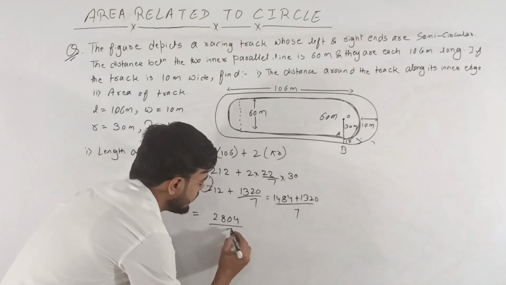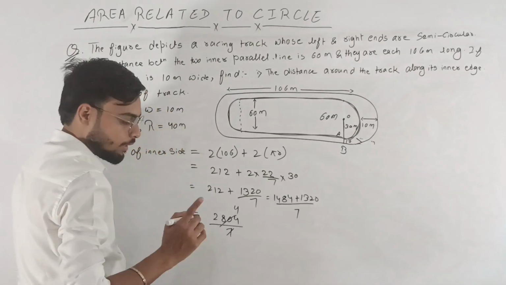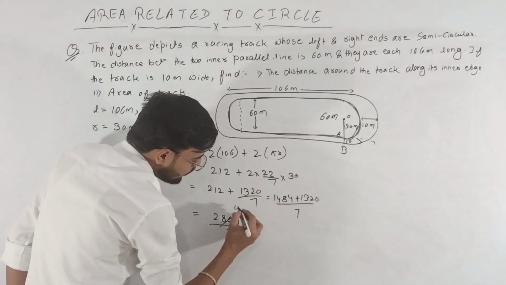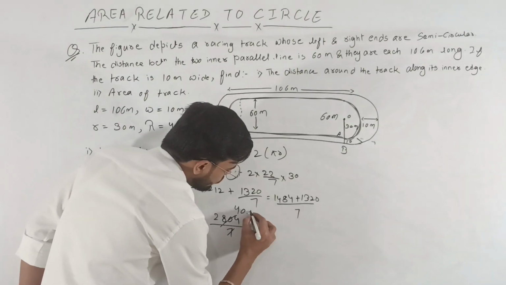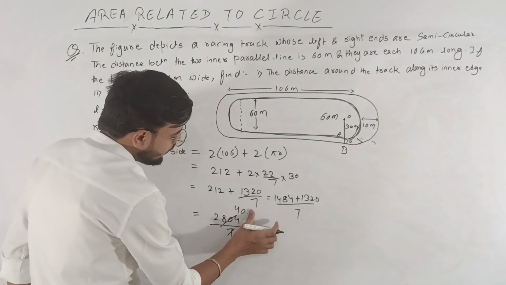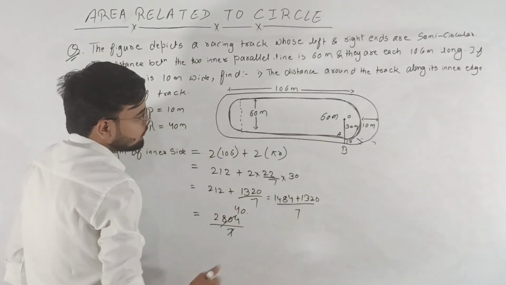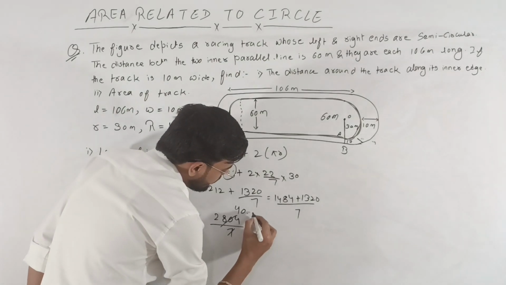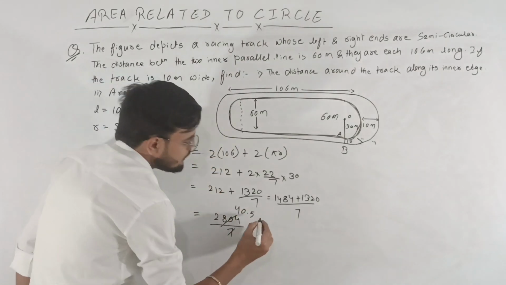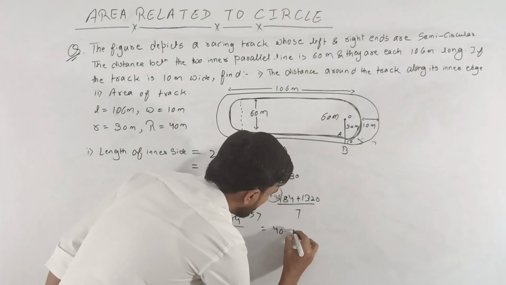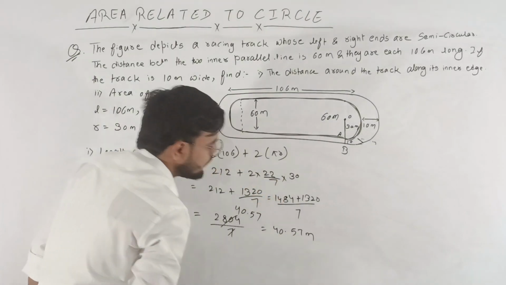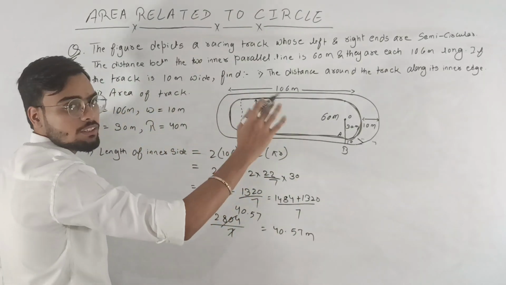Now we divide: 7 4s are 28, then 0, so 0 and 4. So point 40. Then 7 5s are 35, then 5 and 0, 7 7s are 49. So something like 40.57 meter. This is the length from the inner side of this track.